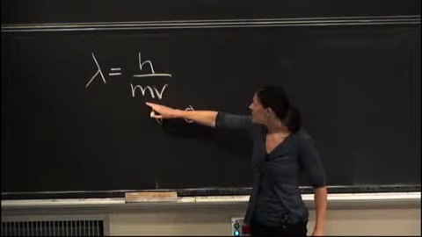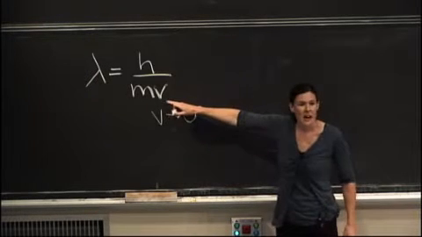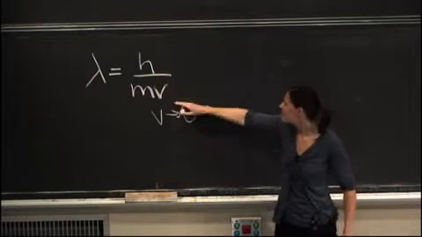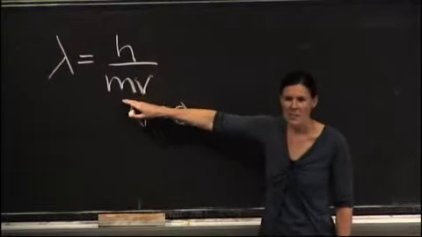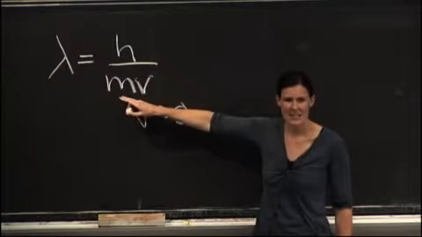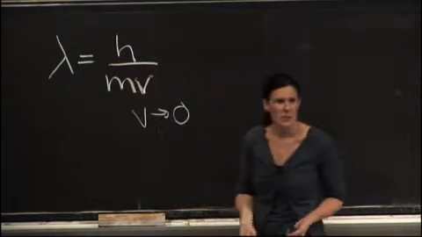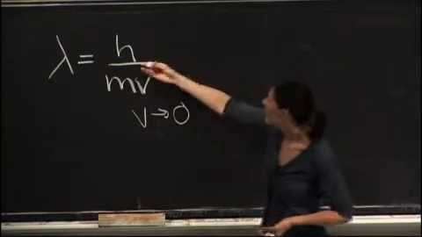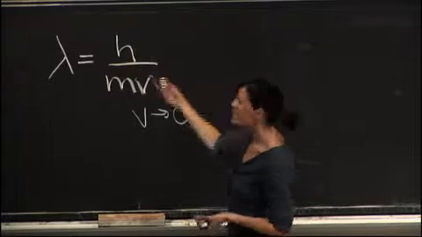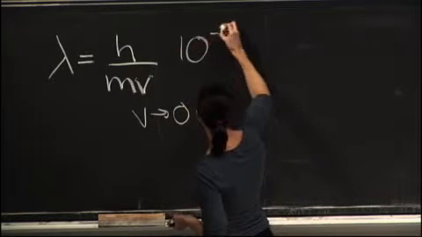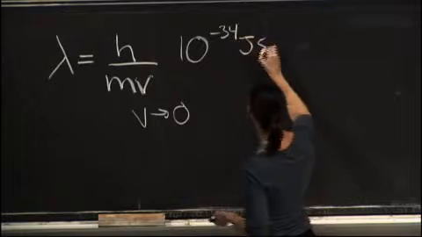In most cases, you would think that as the velocity gets very tiny, the mass is still going to be large enough to cancel it out and make the wavelength pretty small, right? Because Planck's constant, h, is on the order of 10 to the negative 34 joule-seconds.